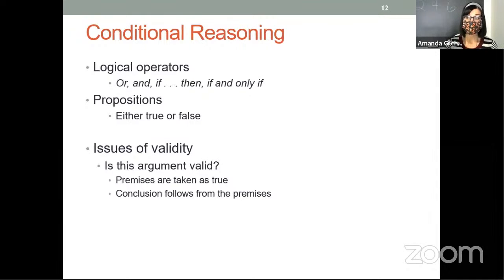Logical validity in deductive reasoning has nothing to do with the content. I can technically argue that unicorns exist or that ghosts exist, but the content doesn't matter. It's the argument that matters. It is the form that matters. And some people have some difficulty wrapping their heads around that.